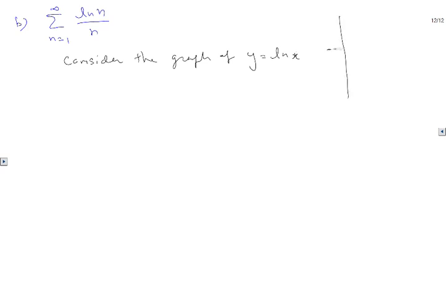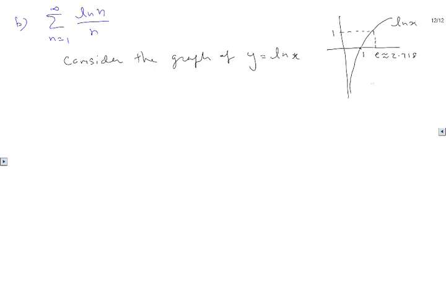It's a natural log, so it has a graph like that. At e, which is roughly 2.718, we know that ln e equals 1, so you get exactly 1 here. This is the graph of ln x.